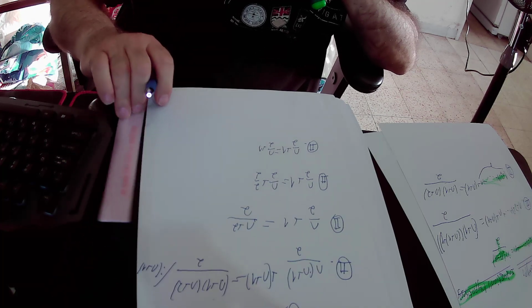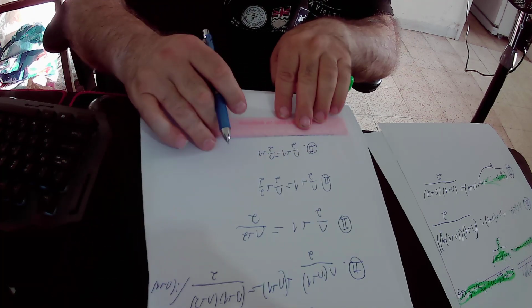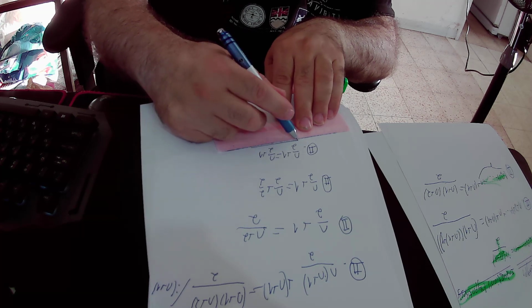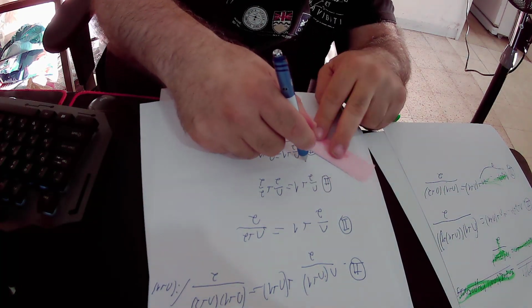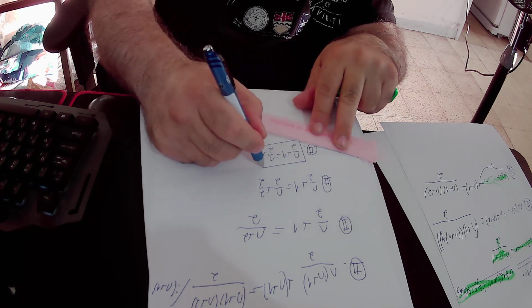So we got here an identity, n divided by 2 plus 1 equals n divided by 2 plus 1.